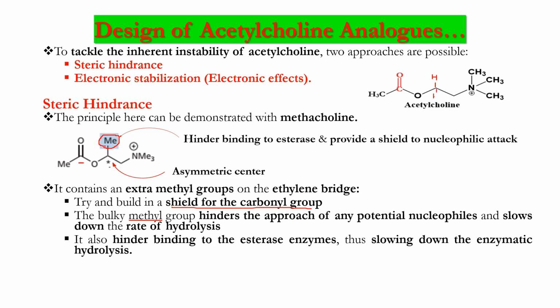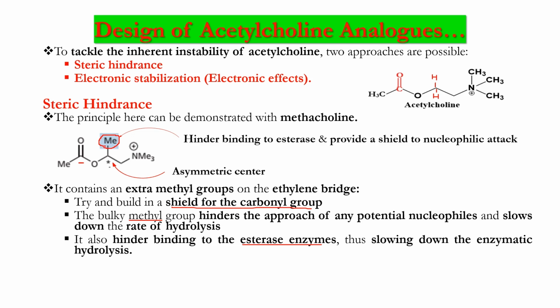The methyl is relatively larger or bulky, so it can hinder the approach of any potential nucleophiles, and so it can slow down the rate of hydrolysis of the molecule. It also hinders binding of the esterase enzyme. Predominantly, the enzyme acetylcholinesterase is going to be hindered. Thus, it can slow down the enzymatic hydrolysis.